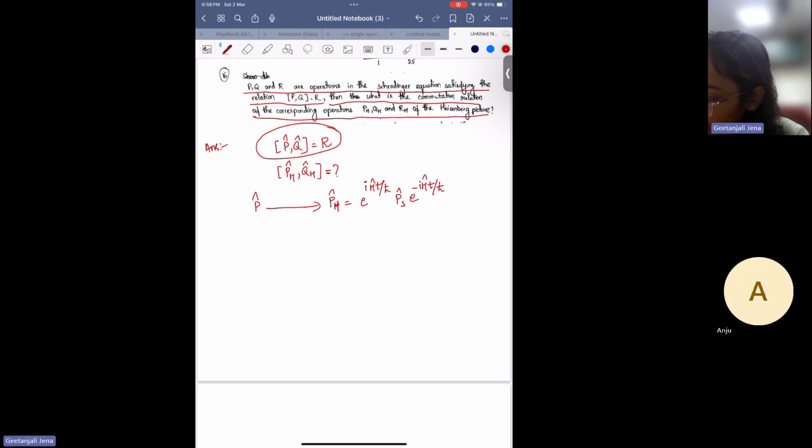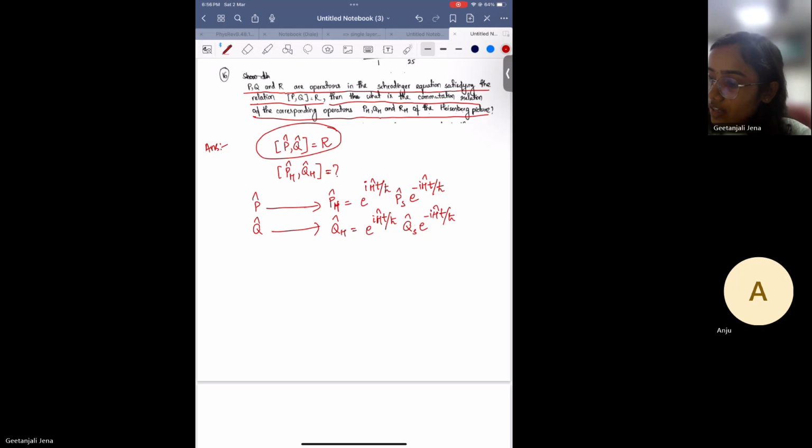Similarly, if we have operator Q, we write the same operator in the Heisenberg picture as e to the iHt by h-bar, Q, the operator in the Schrodinger picture, e to the minus iHt by h-bar.